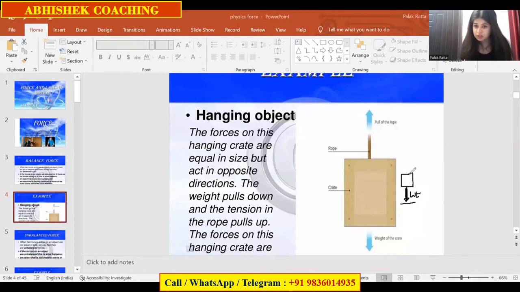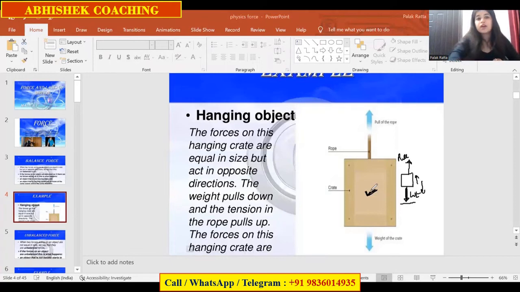But the pull of the rope is in the opposite direction. The forces are equal and opposite, so this object stays still in the air, hanging. So it is an example of balanced forces.